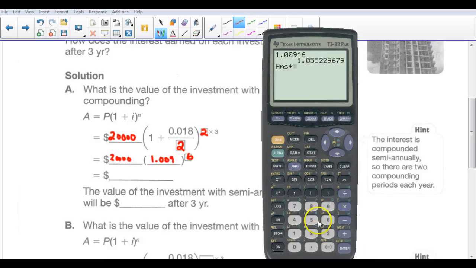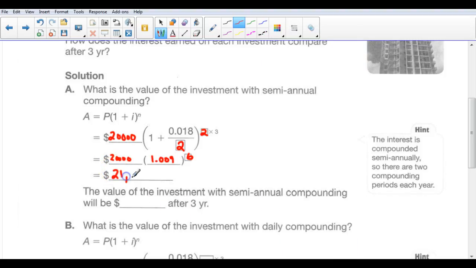And then we multiply that by the original principal, which is 20,000, and we get an answer of $21,104.59. Okay, so that's how much money she has after 3 years at 1.8% compounded semi-annually, twice a year. So this value is $21,104.59.